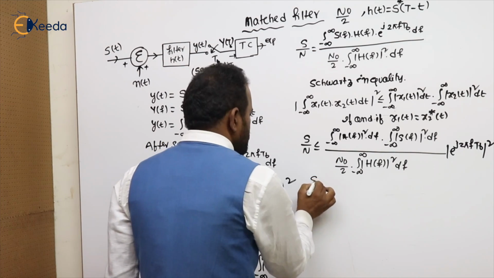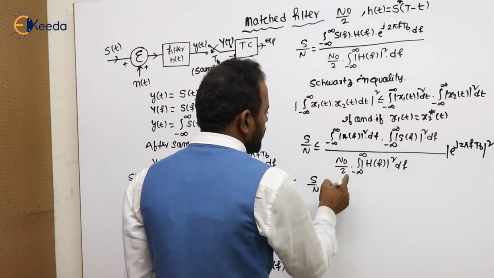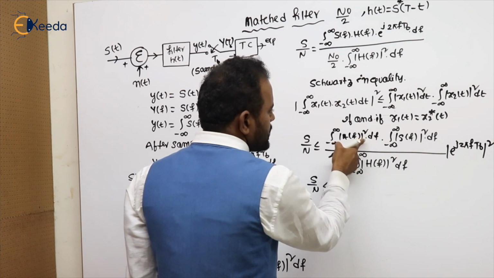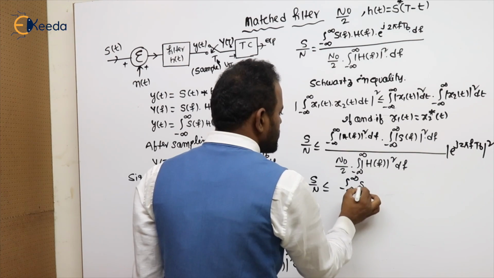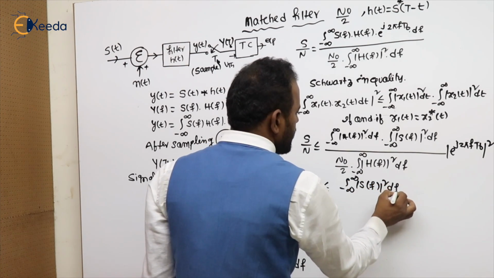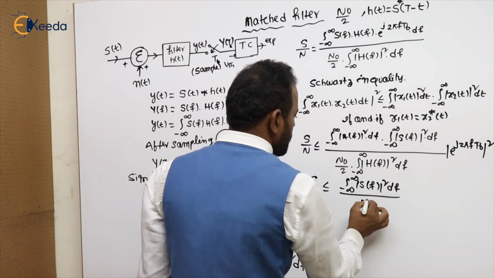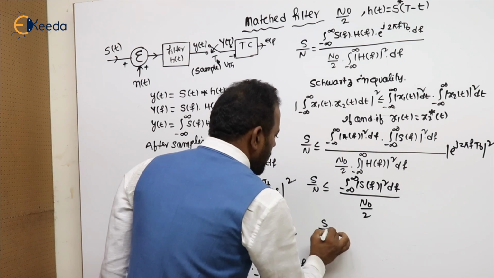Cancel the similar terms. Then the S by N value is less than or equal to the integral from minus infinity to plus infinity of mod S(f) whole square df divided by N naught by 2. That is the S by N maximum value.